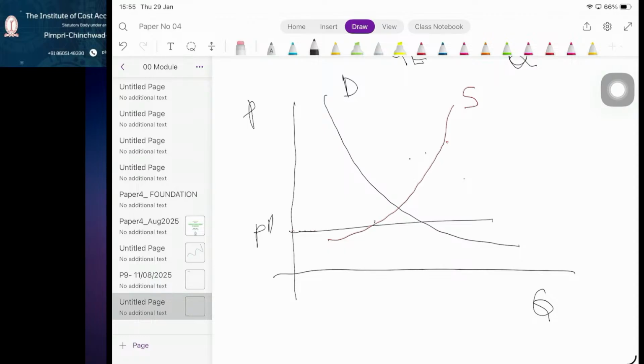What has happened? This is the quantity supplied and this is the quantity demanded. What is more? D1 and let me say S1. Which is more? Demand is more than supply. This creates a situation of shortage.